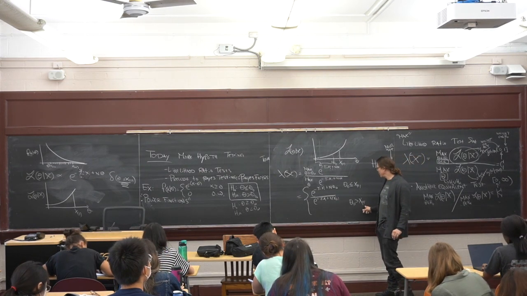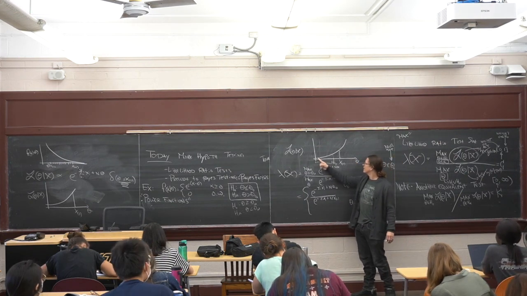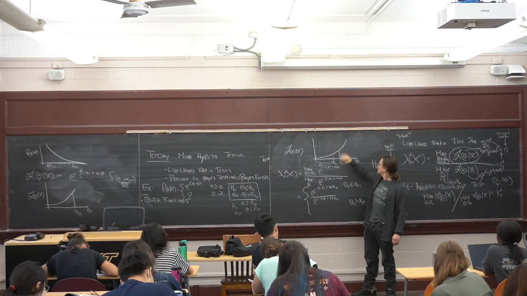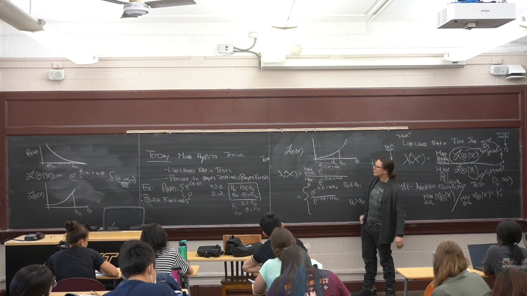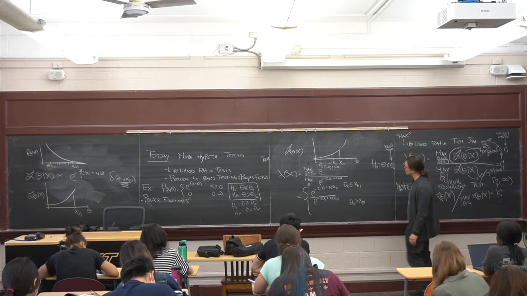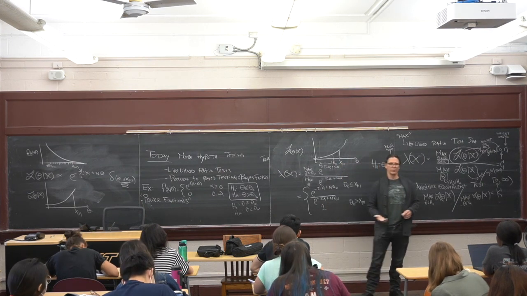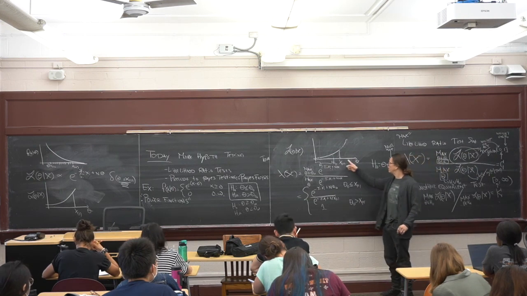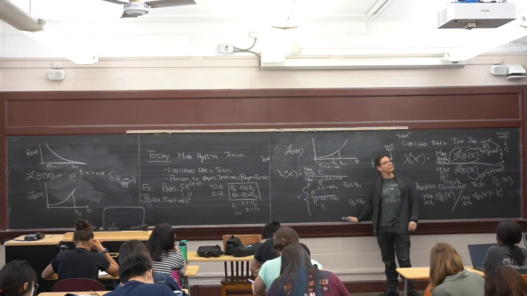If theta naught is greater than x1 right here, then the max likelihood in the null range is still truncated at that point because the likelihood over here is really just 0. And so this would be 1. The numerator and the denominator are exactly the same. They both maximize at this point x1. And so let's just look at this function.